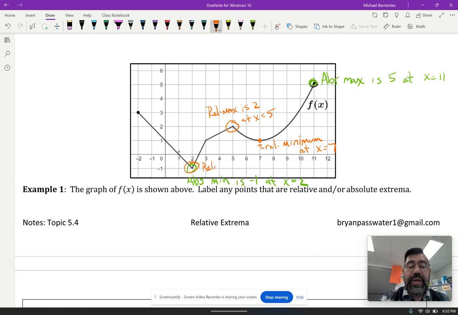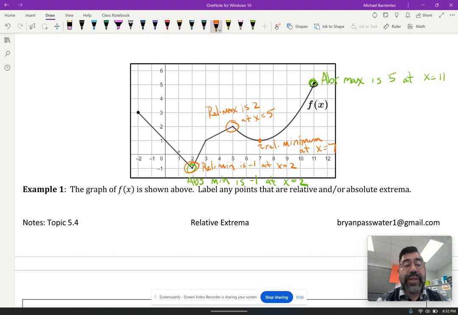This is also a relative min, -1 at x equals 2. So this point is double labeled, right? It can be a relative min. If we zoom in enough, it's still a dip. And it's also the lowest point of the graph. It's the smallest y value, function value of the graph, and therefore it's the absolute min.